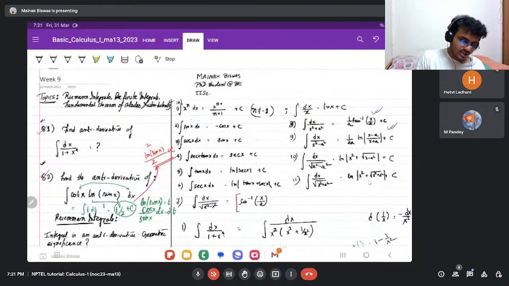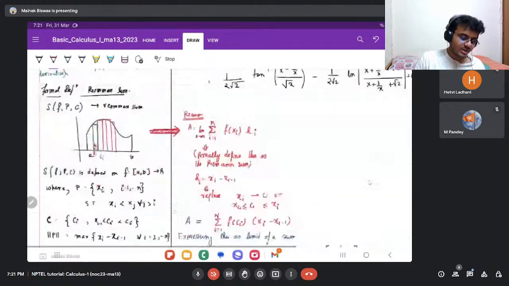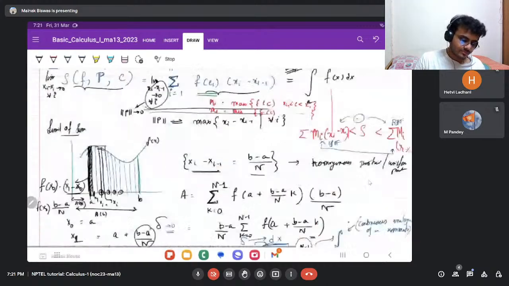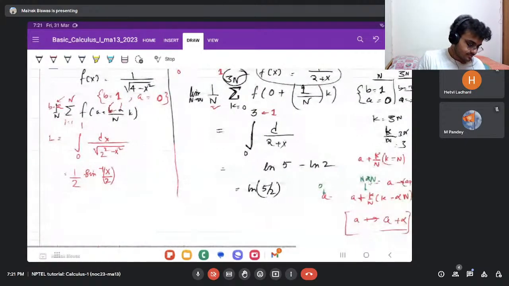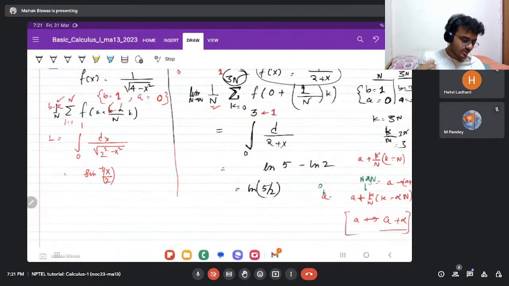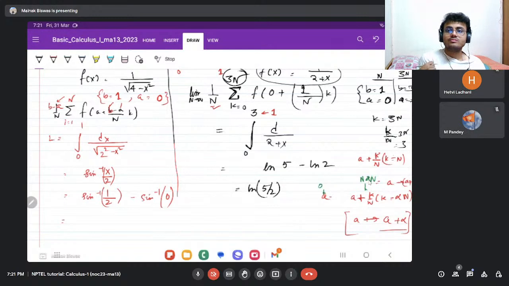So integral dx over root of a square minus x square is just sine inverse x by a, not 1 over a. Right? So this is equal to sine inverse half minus sine inverse 0. What is sine inverse 0? We have seen it in the first few classes. 0.